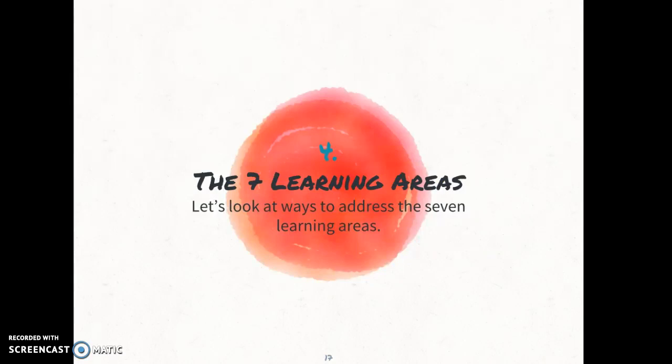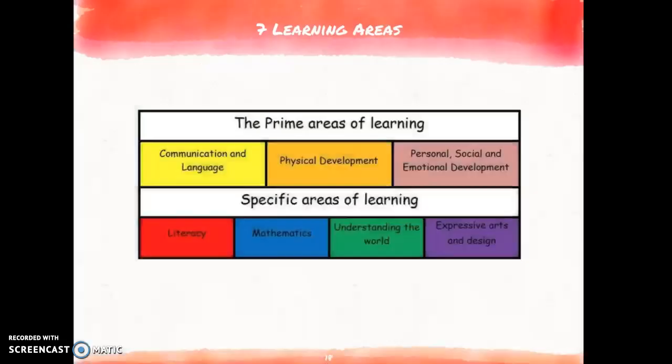All right, so let's look at the 7 learning areas, and let's talk about how the topics that I've shared already address these 7 learning areas. So in the British National Curriculum, even if you're not at a British school, these principles are pretty much in some way related to something you're probably using in your country.